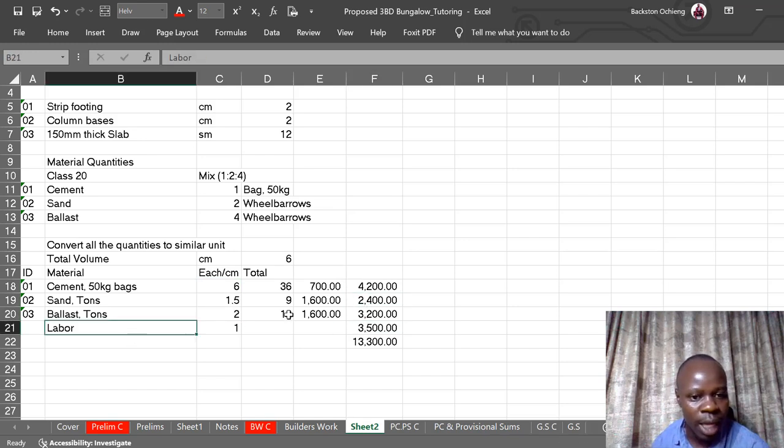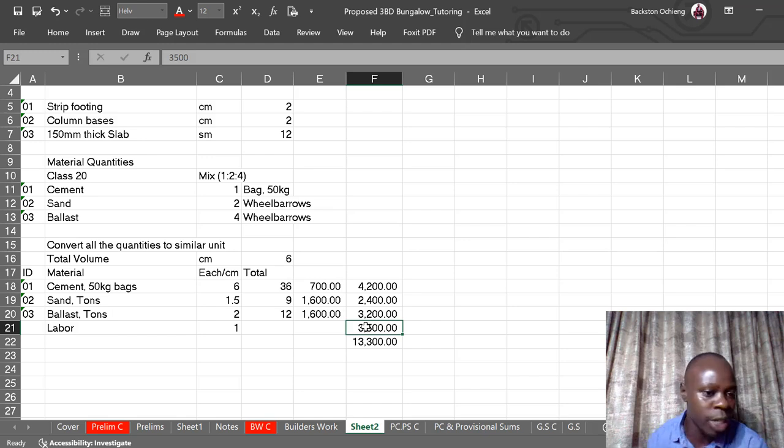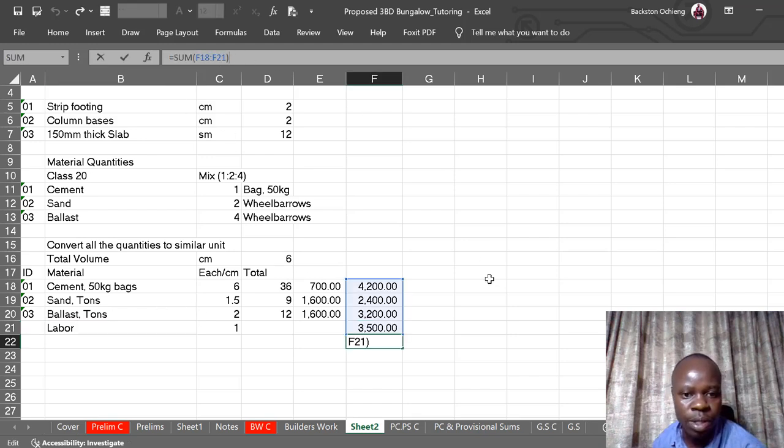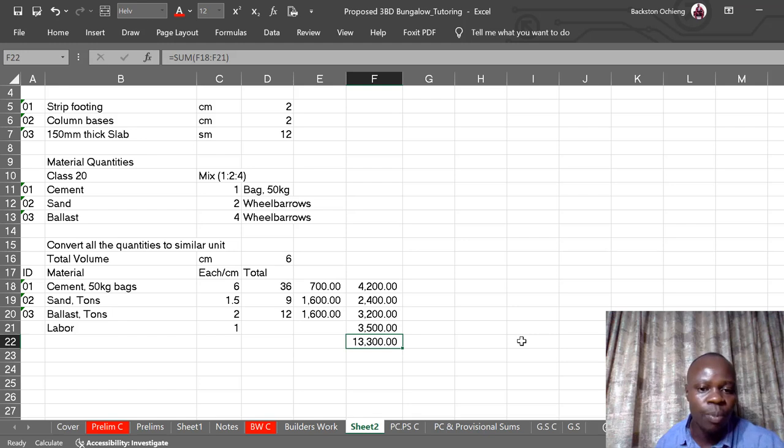Once you've done that, then you estimate for labor. Labor per cubic meter, say 3,500 Kenya shillings. So when you add all these items, you get the unit rate of concrete per cubic meter. So this is how it goes.